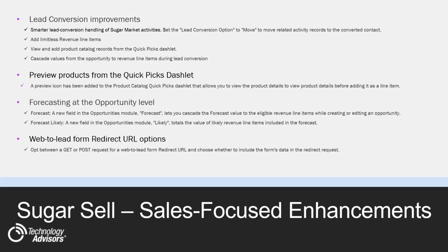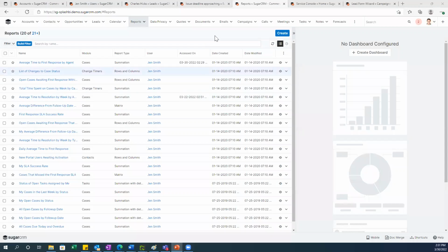So you can see that at the line item value. Within web to lead forms, you can opt between a GET or POST request for a web to lead form redirect URL and choose whether to include the form's data in that redirect request. So I'll hop on back to Sugar and show you some of that.